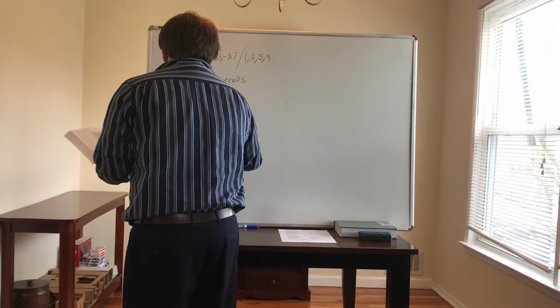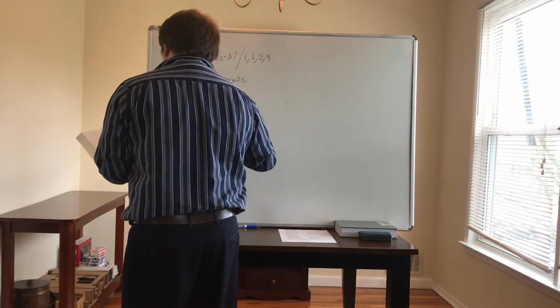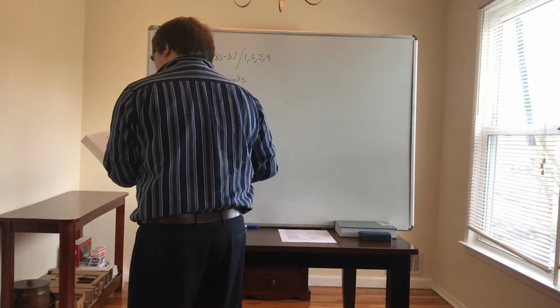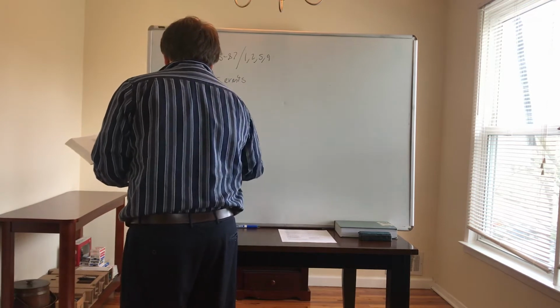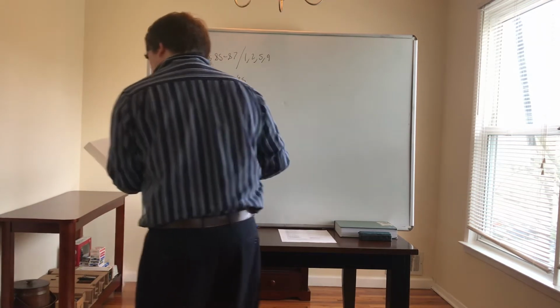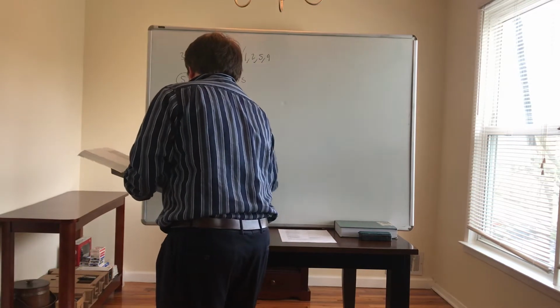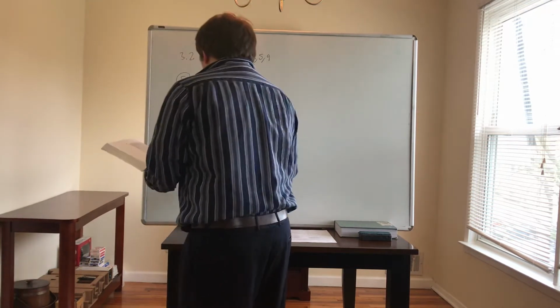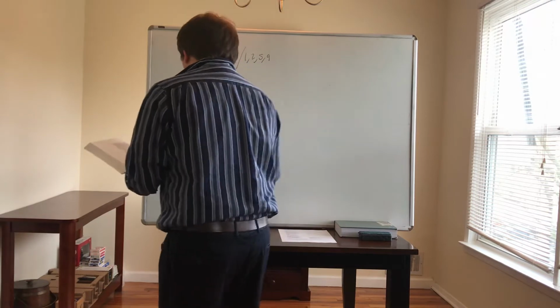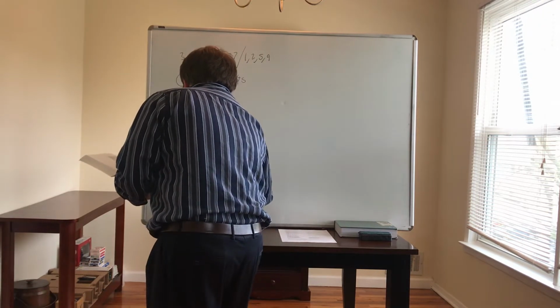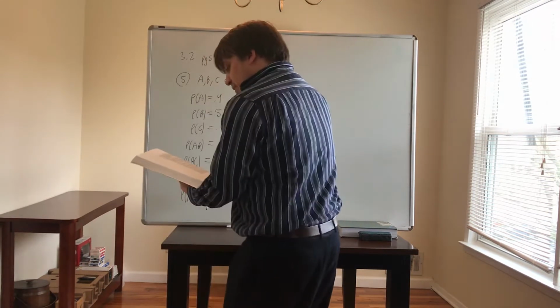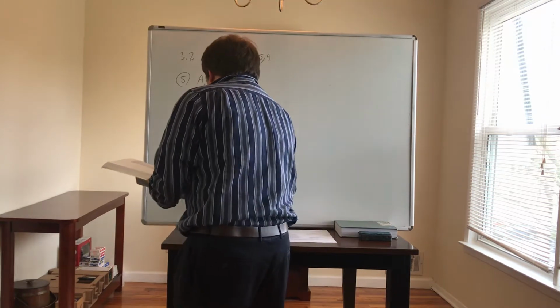P of A and B, abbreviated PAB, is equal to 0.1. The probability of B and C, abbreviated PBC, is equal to 0.2. P of A and C, abbreviated P of AC, is equal to 0.3. And P of ABC, the probability of A and B and C, is equal to 0.02.